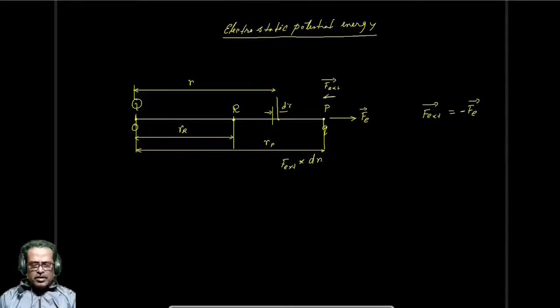the work to be done, dW, is equal to F external into dr. We are exerting force in this direction, and the body is displaced in this direction, so in this case work is being done by the force. But if we convert it into the electric force, then that will be Fe, and Fe is equal to Qq by 4 pi epsilon 0 r square.